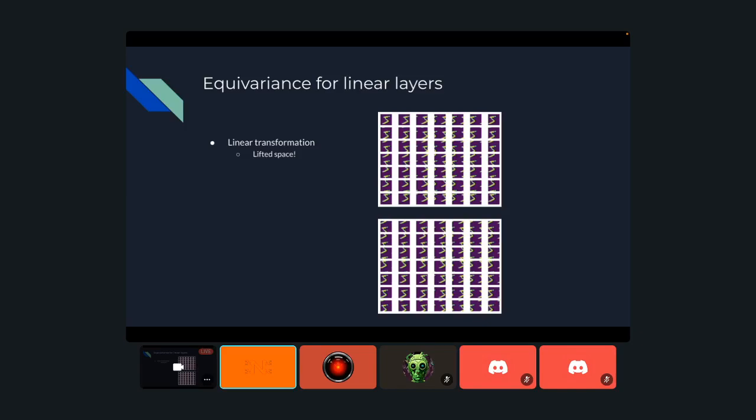It's just to give better motivation for why convolution is equivariant. Okay, so we have those transformed copies, the lifted space. And now instead of applying the linear transformation to just one image, we apply it to all images. We apply it to each image individually.